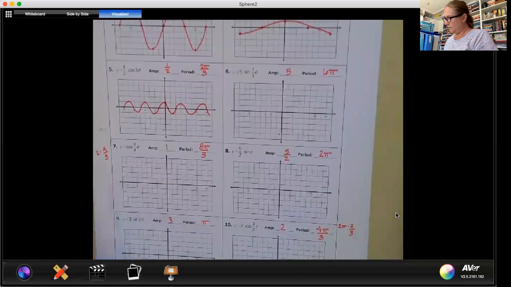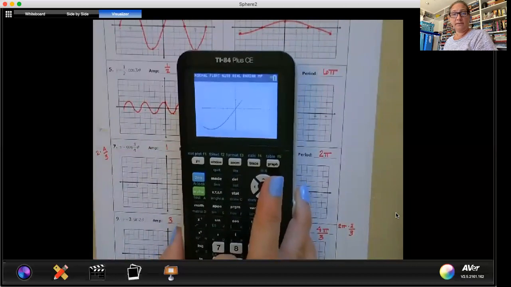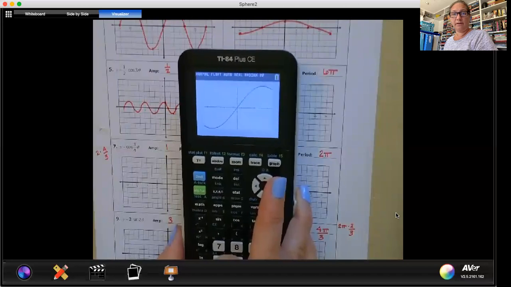And for number 6, 5 sine 1/3 x. So 5 means it goes all the way down. The 1/3 x is spread all the way out, so you don't see a whole lot of your graph there.